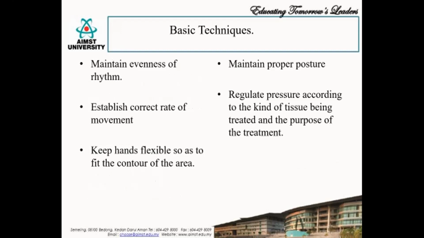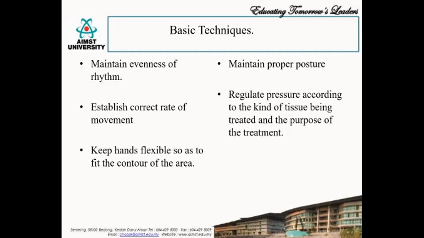For example, if you are doing effleurage 3 or 4 times and suddenly you do 5 times, then suddenly 3 times, it is not acceptable. You need to maintain the evenness throughout the treatment session. If you are doing effleurage 2 times, you need to do it only 2 times throughout the session. So don't change the rhythm.